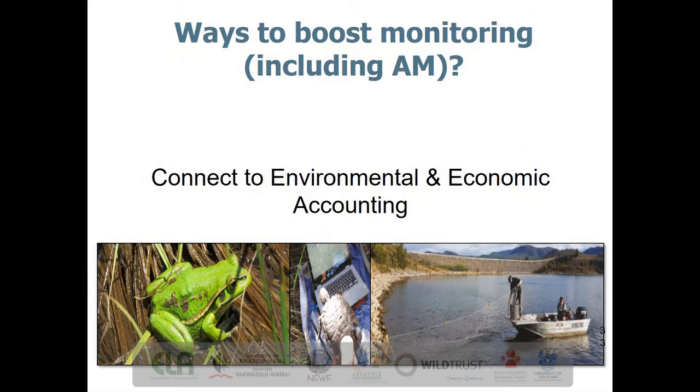Now, in the last part of this talk, I wanted to touch on this issue of ways to keep monitoring happening. We know from across the world that typically budgets for monitoring are very small, and that monitoring is the last thing funded and the first thing cut.